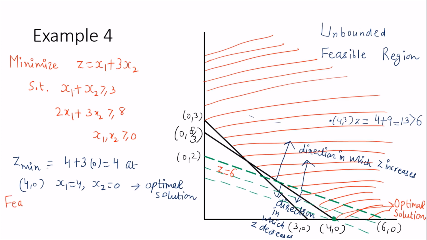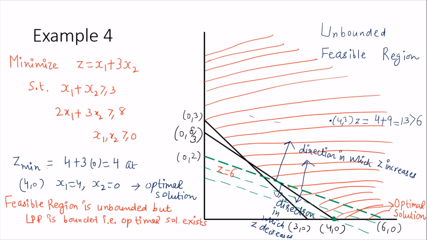In other words, the feasible region is unbounded, but the LPP is bounded. So there should be a clear-cut distinction between these two. That is, optimal solution exists. So I've given you both examples that in an unbounded feasible region optimal may or may not exist.